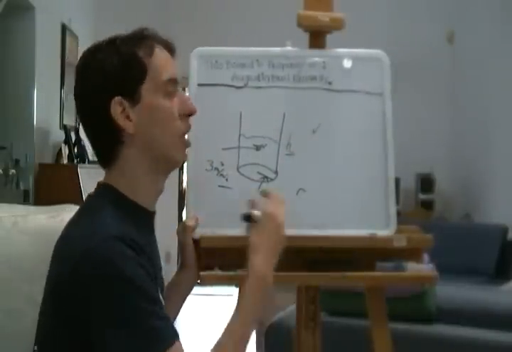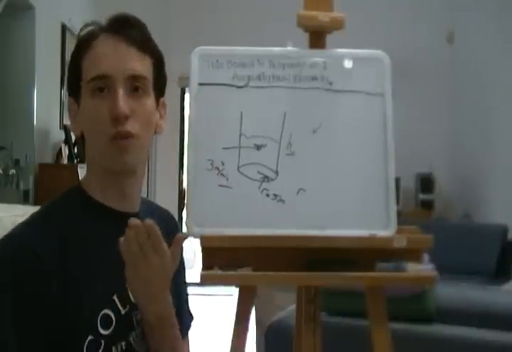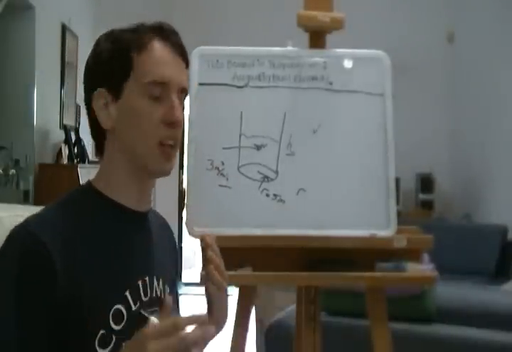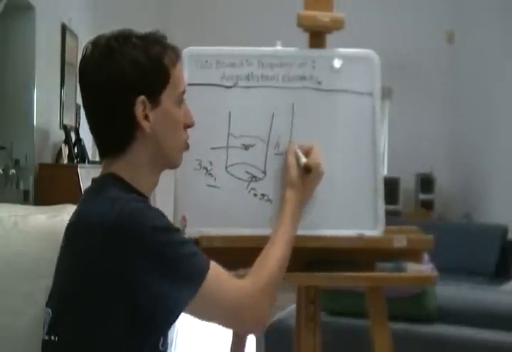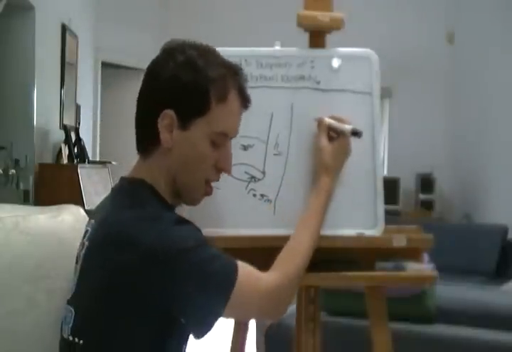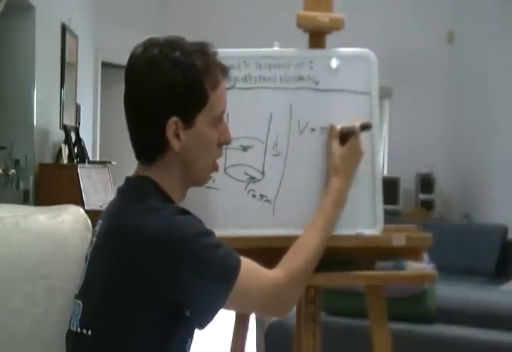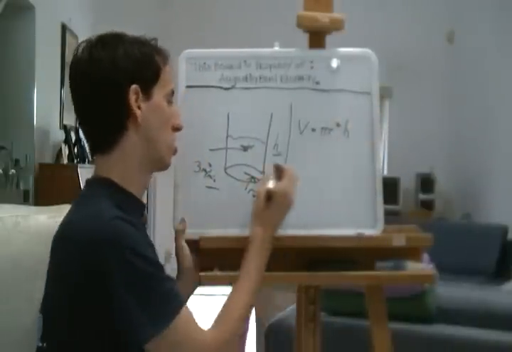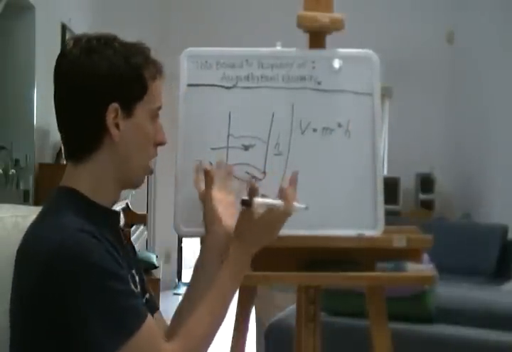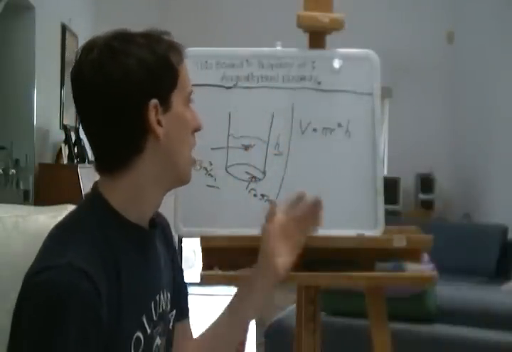So let's try to relate all of these variables if we can. Well, it's pretty easy to do so if you remember what the volume of a cylinder actually is. The volume of a cylinder is expressed this way: V equals pi r squared h. This circle down here times however high it is.